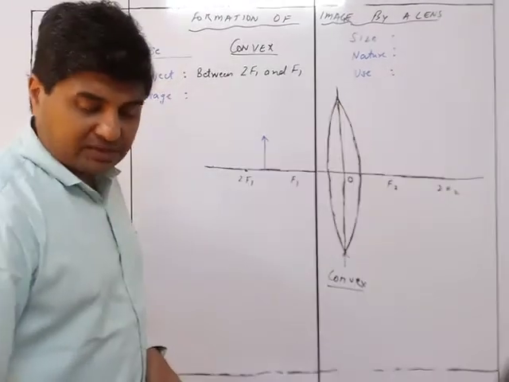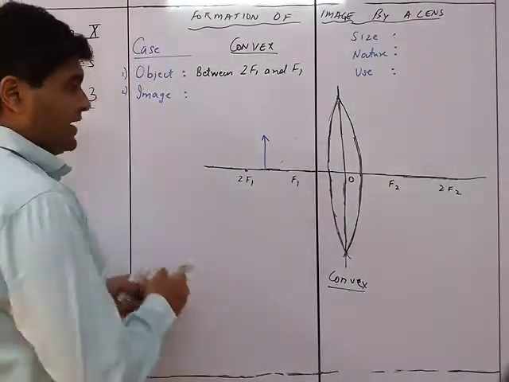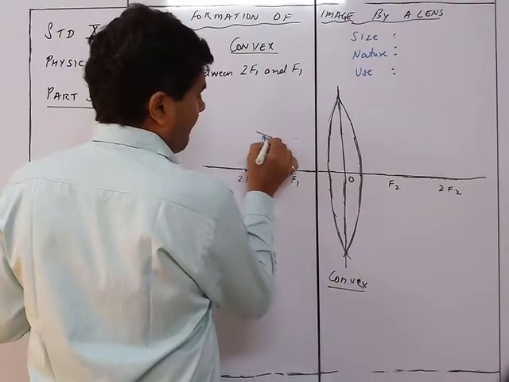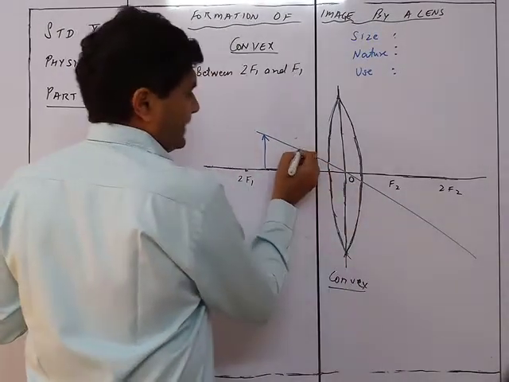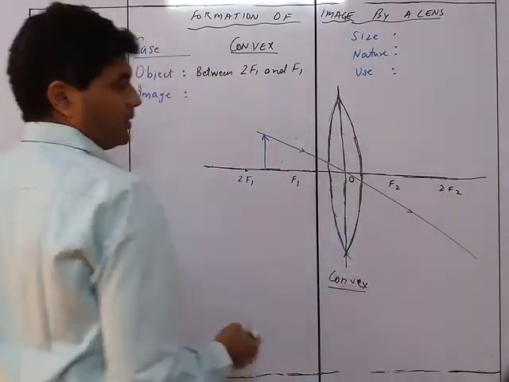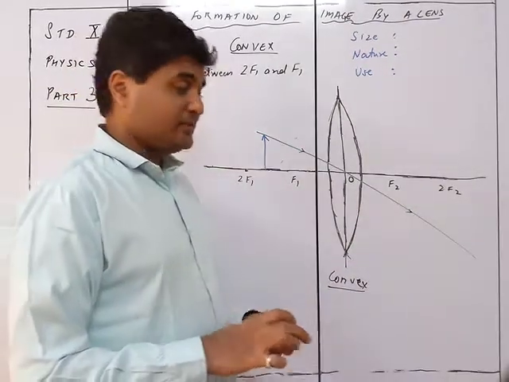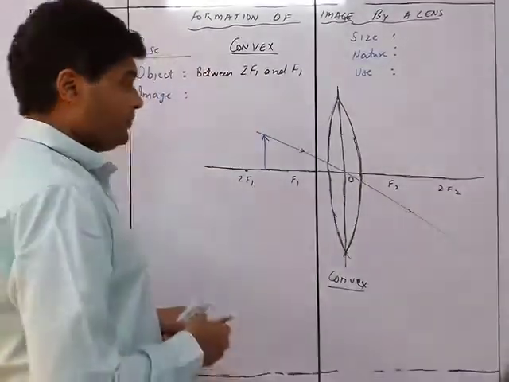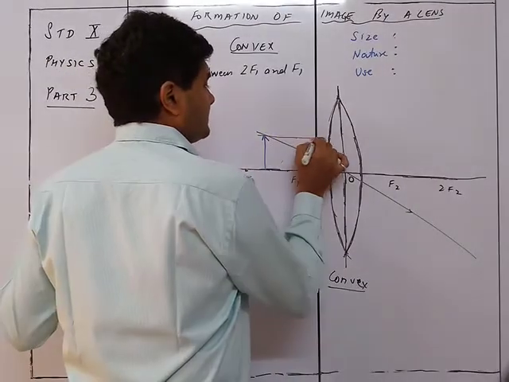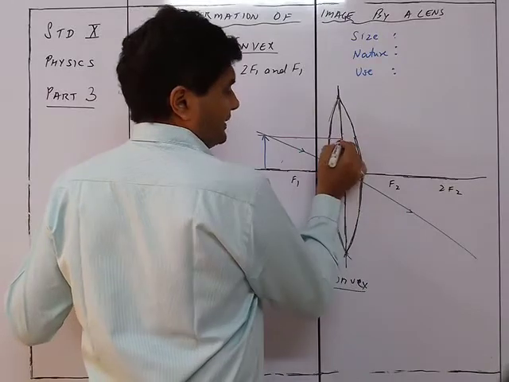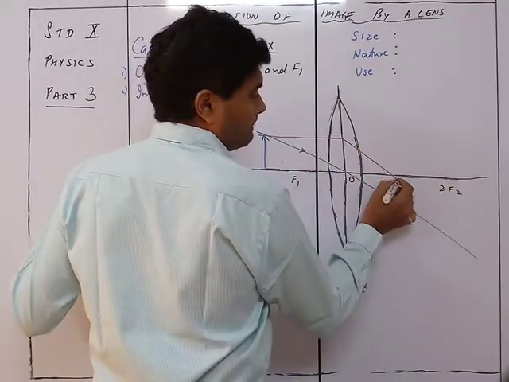As usual, we'll take the three rays. The first ray passing through O goes undeviated, not diminished. The next one, parallel to the principal axis, passing through F2. This was F2.